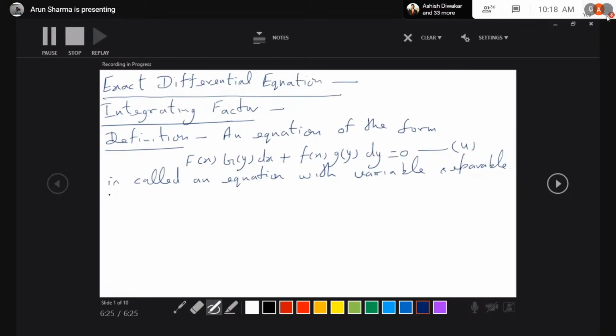For example, you have this equation: (x minus 4y to the power 4) dx minus (x cube y minus 3) dy equals to 0. So this is variable separable form.